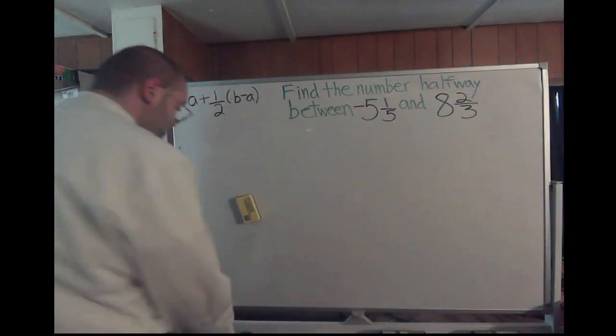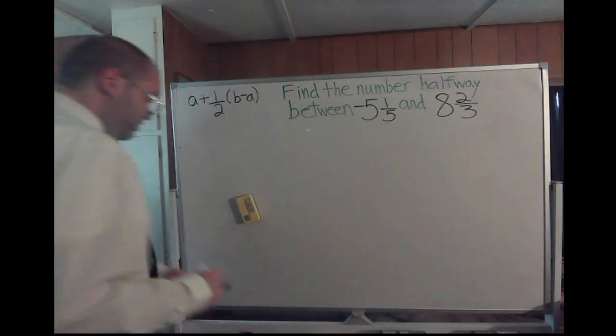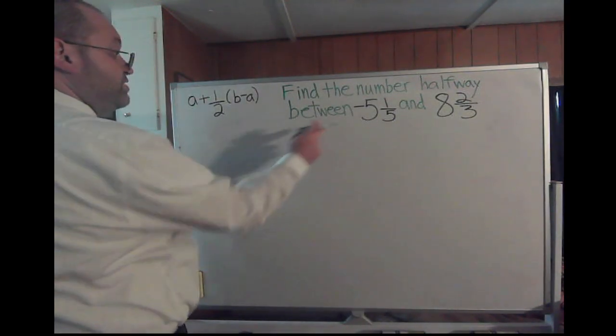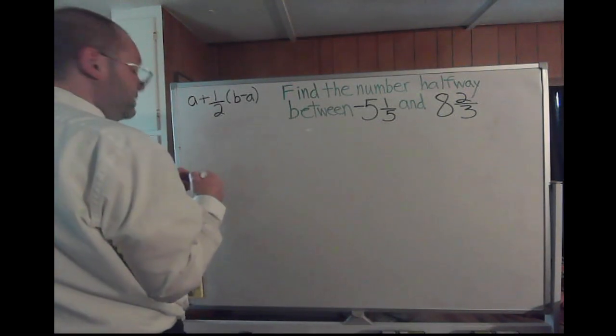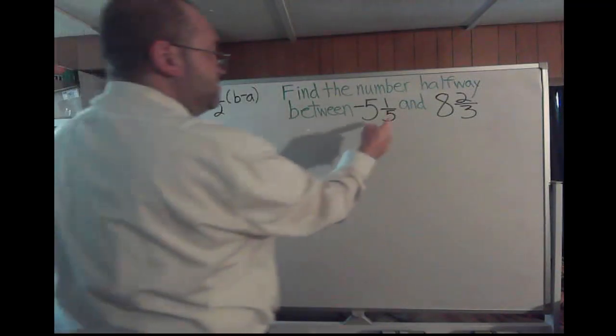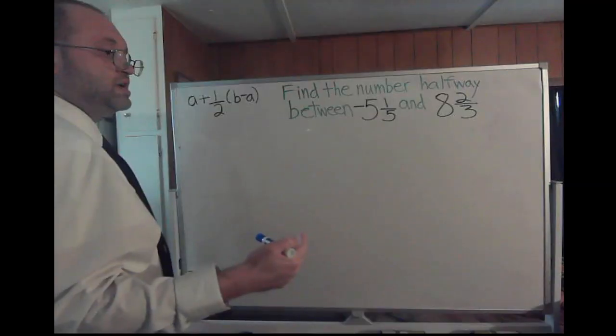So what you're going to want to do, let me write in blue here, set up your equation. You'll take your first number. Well, before we take our first number, why don't we go ahead and convert these mixed fractions into improper fractions?